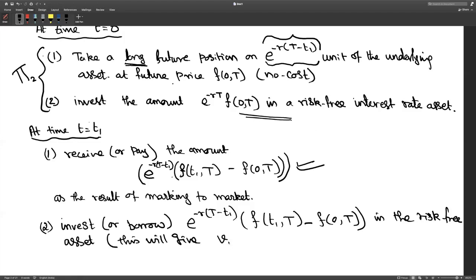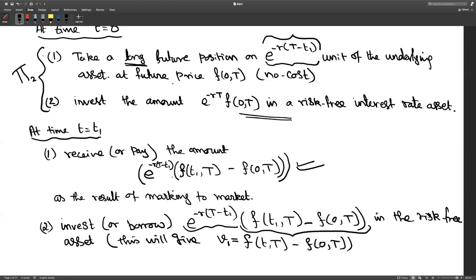So how much will it give? This will give, say, V1 at time T1. V1 is equal to how much? This much money, right? Because this money is discounted with this factor, therefore when you go forward in value, it is amplified by this factor. Therefore, you have f(T1, T) minus f(0, T).